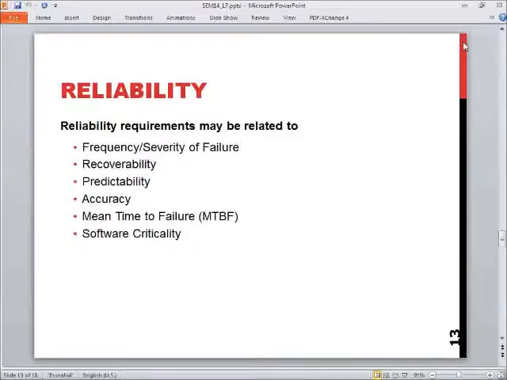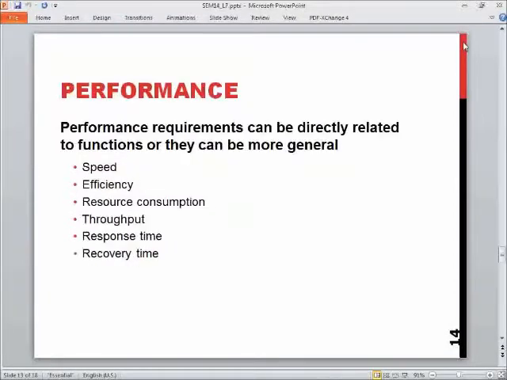Also, other aspects in reliability are things like accuracy, meaning that you should have, for example, a calculator which gives you the correct answer. The performance: speed, efficiency, resource consumption, throughput, response time, etc.